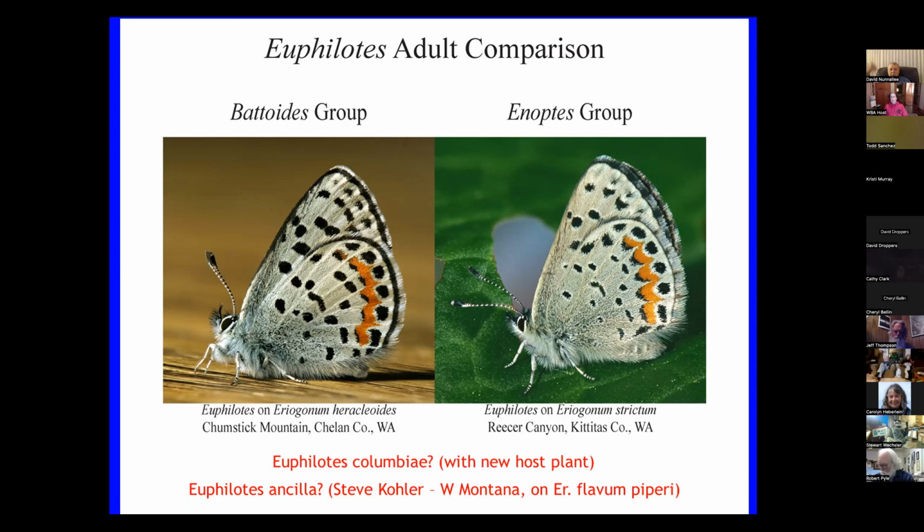But we certainly need people to get into this area and make some collections and get those collections into a public repository where they can be studied. So people can try to decide if this is perhaps Euphilotes ancilla. I'm not going to give you the common name because I'm not sure.